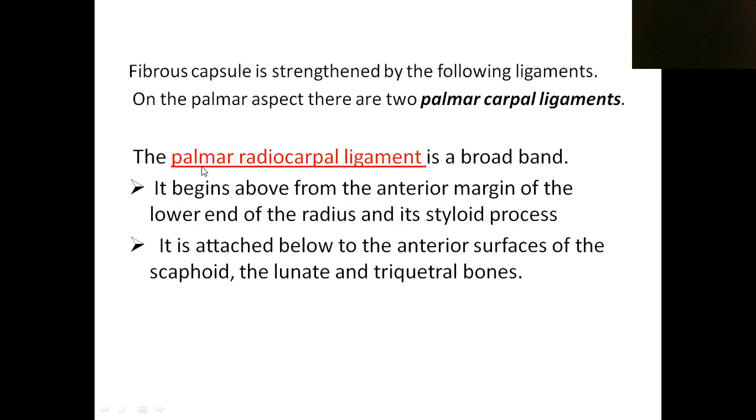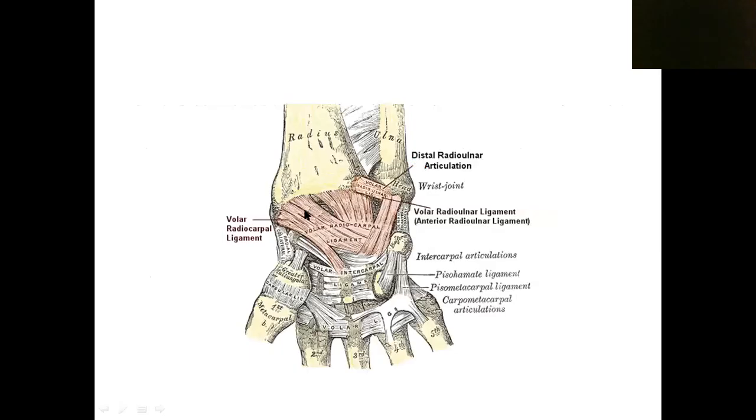So first we will discuss the palmar radiocarpal ligament. Its upper end is attached to the anterior margin of the lower end of the radius and its styloid process. The lower end is attached to the anterior surface of the first three carpal bones, the scaphoid, lunate, and triquetral bones. We'll see that. See, this is the lower end of the radius.